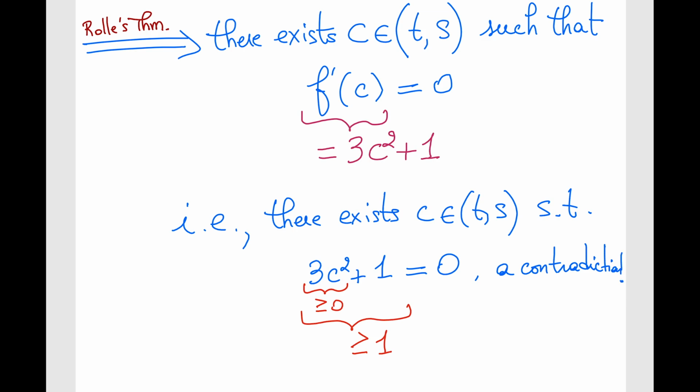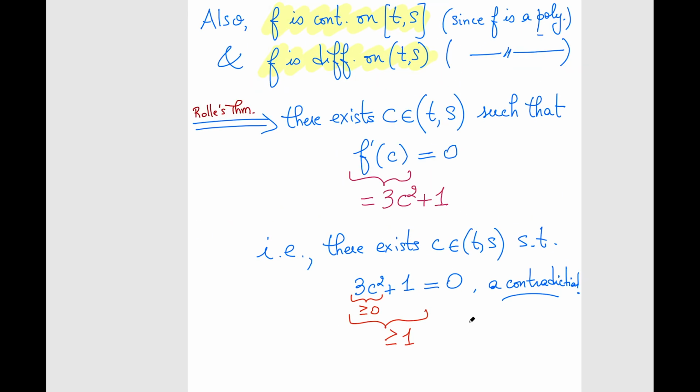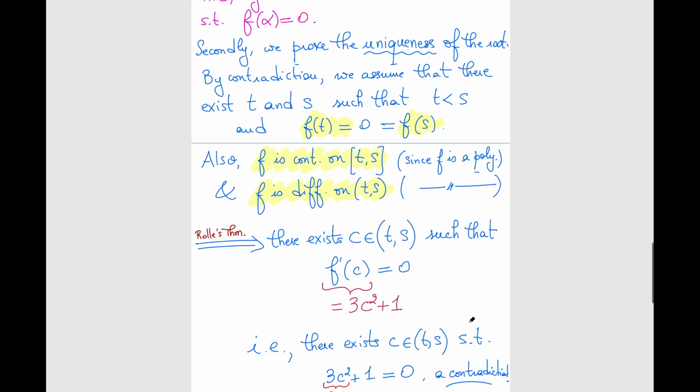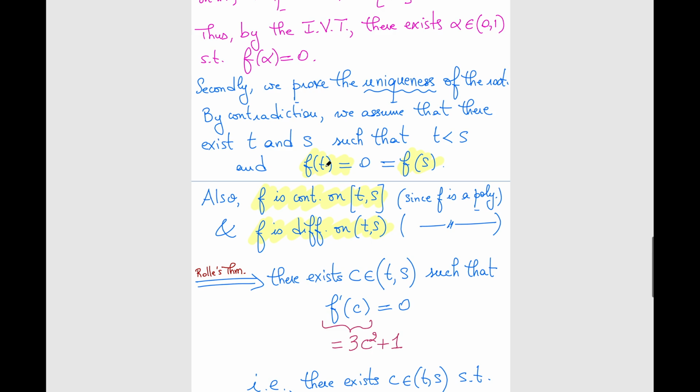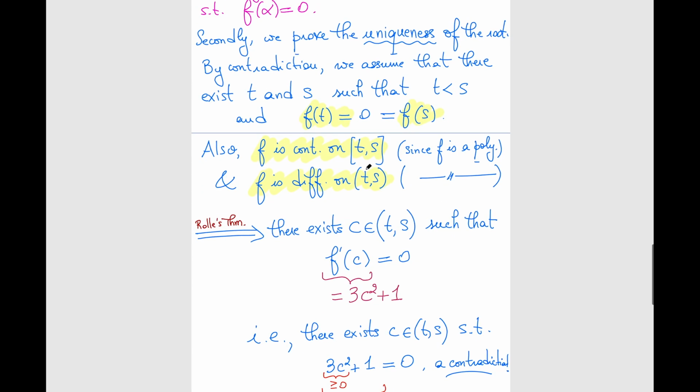That's the contradiction I was looking for, right? What does it mean? It means that our assumption was not correct. And what was the assumption? Our assumption was that there exist two distinct roots for the function f. So the function f cannot have two distinct roots, and as such, the root must be unique.